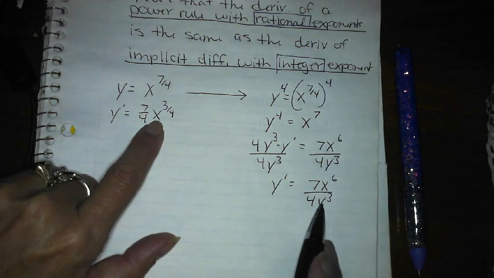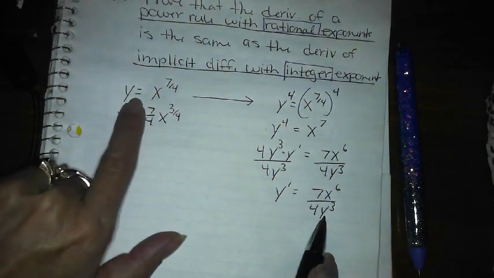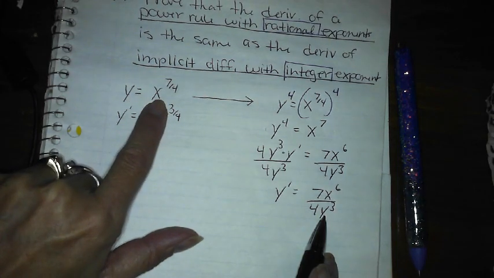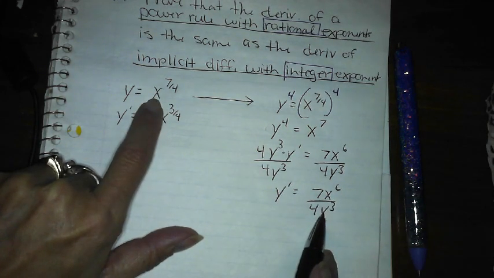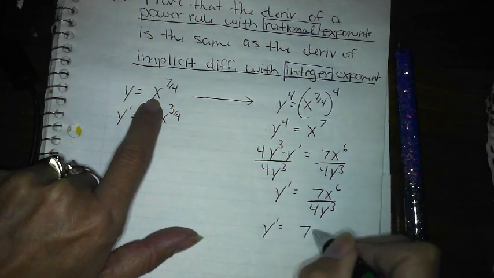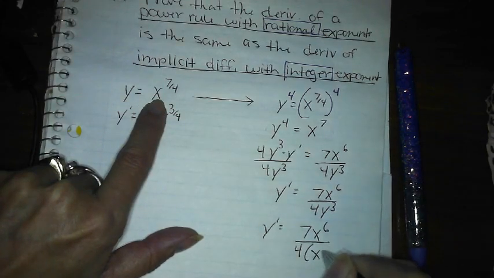So I need to get rid of the y, so I've got to do a substitution. Well, right here we had y is equivalent to x to the 7/4. So that's a direct substitution I can make. In place of y, we're going to put x to the 7/4. So now we get 7x to the 6th over 4. y is x to the 7/4.